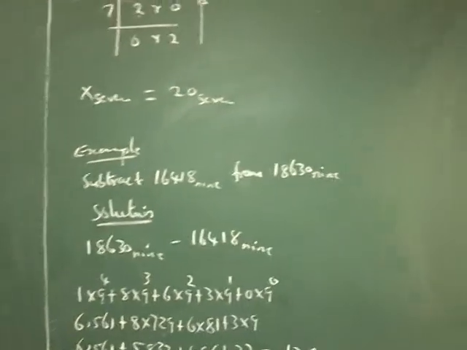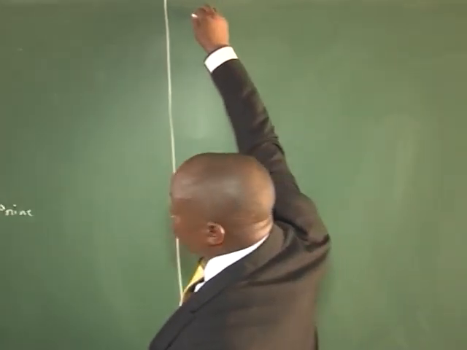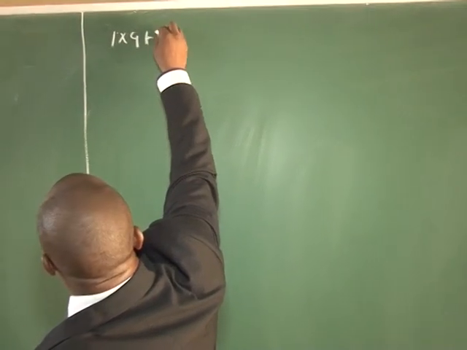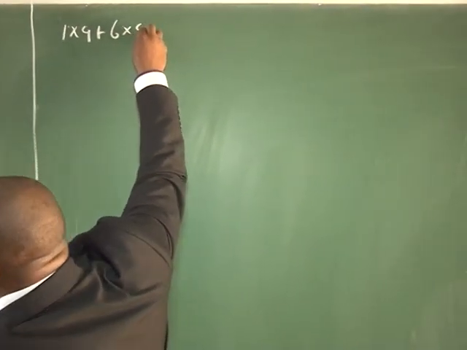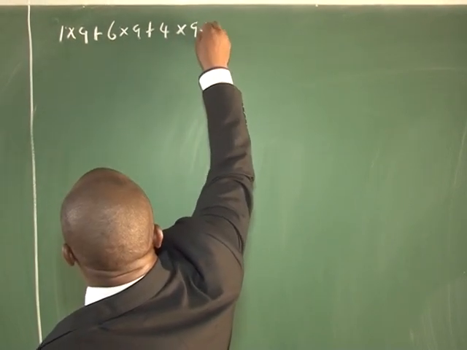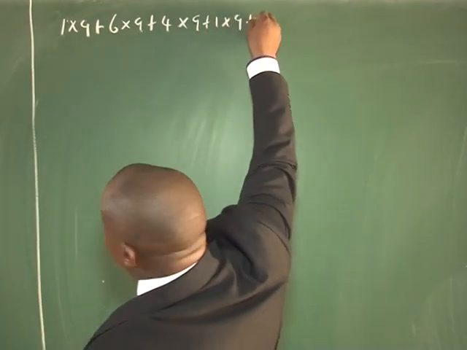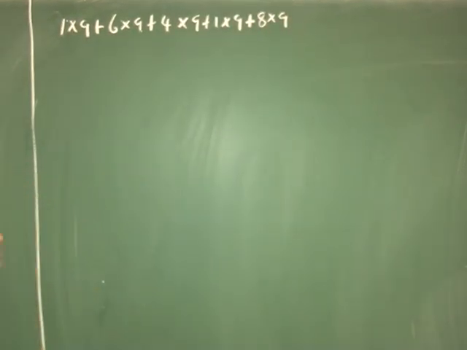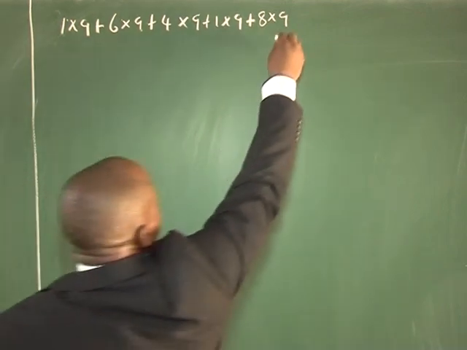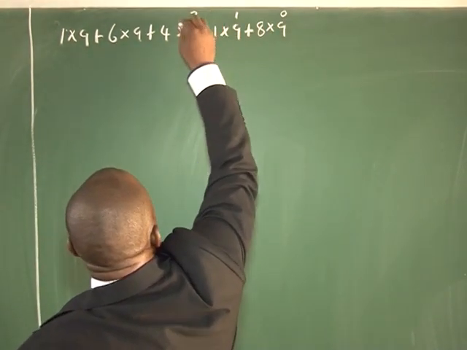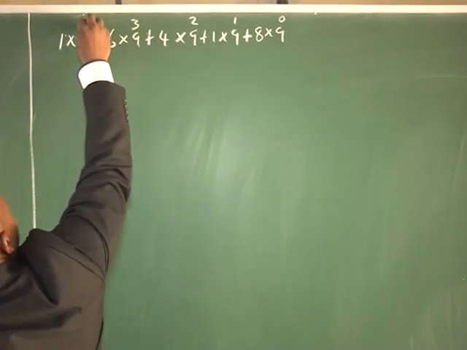And that will give us 1 times 9 plus 6 times 9 plus 4 times 9 plus 1 times 9 plus 8 times 9. Then we are going to raise it to powers, as in from 0, 1, 2, 3, 4.